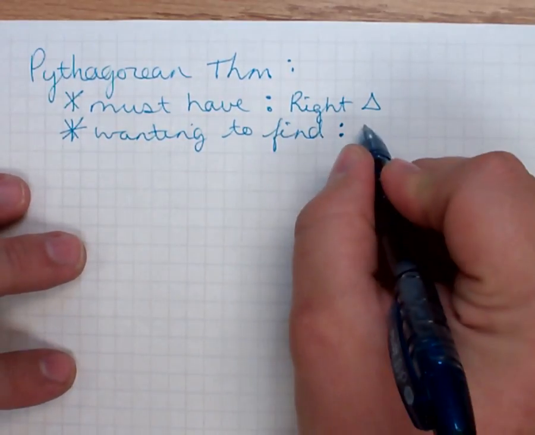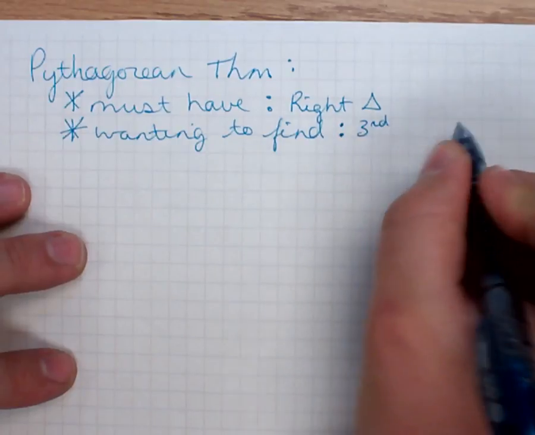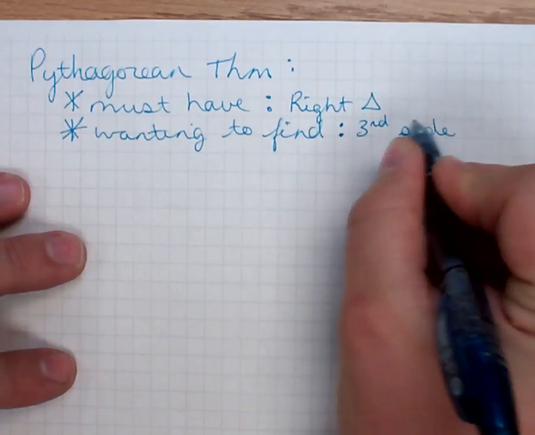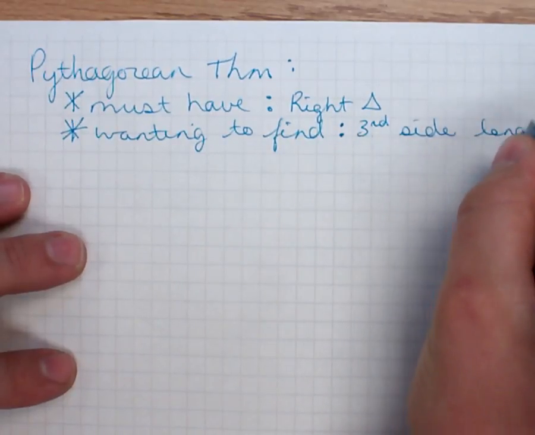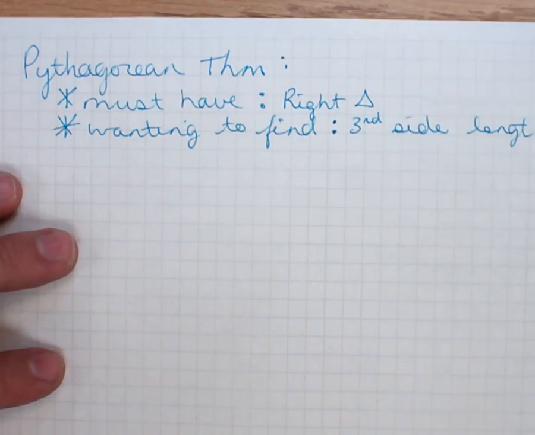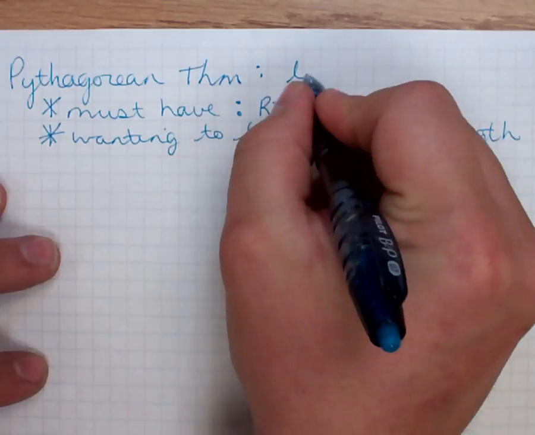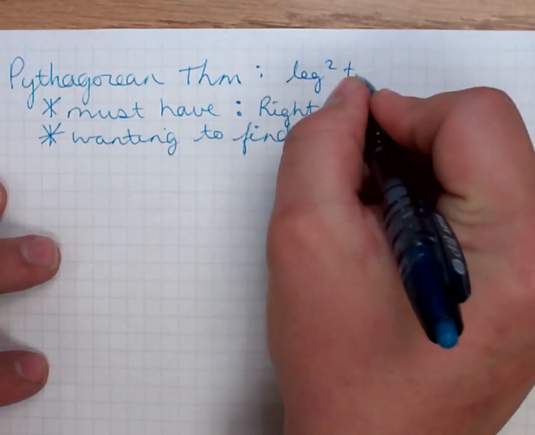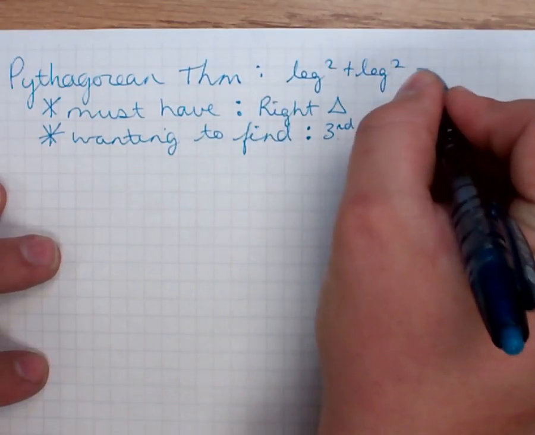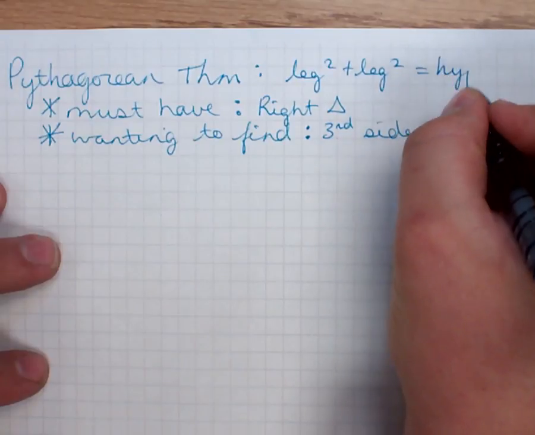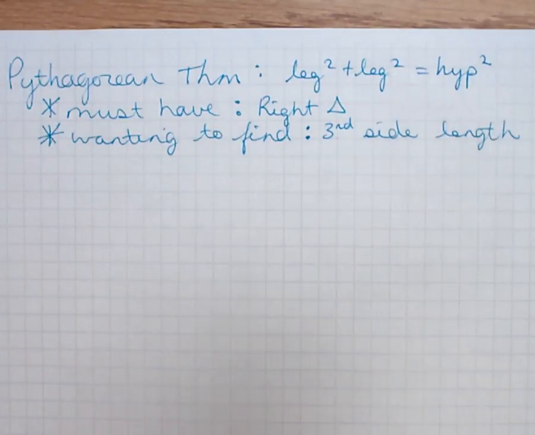The third side length. And as a reminder, the Pythagorean theorem is leg squared plus the other leg squared equals the hypotenuse squared. That's a more accurate way of stating it.